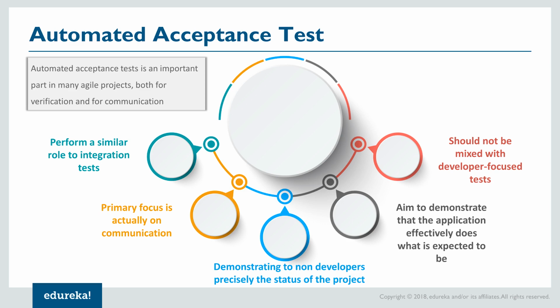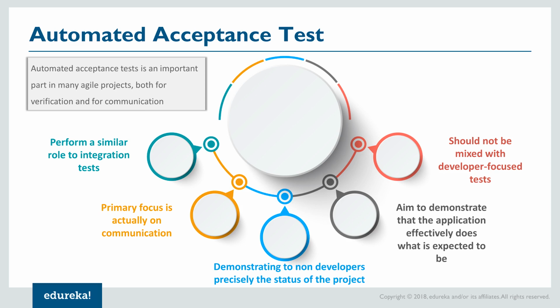It performs a similar role to integration tests. It primarily focuses on communication among all the stakeholders, basically demonstrating to non-developers precisely the status of the project. This is how you inform all the stakeholders other than the technical staff what exactly the project's level is, and what should be expected.